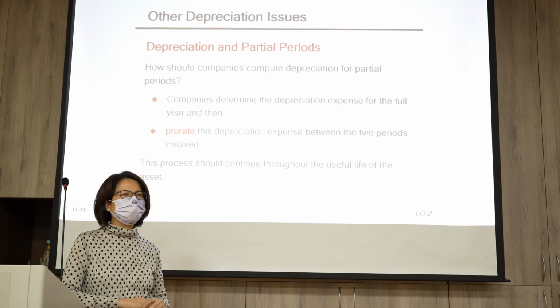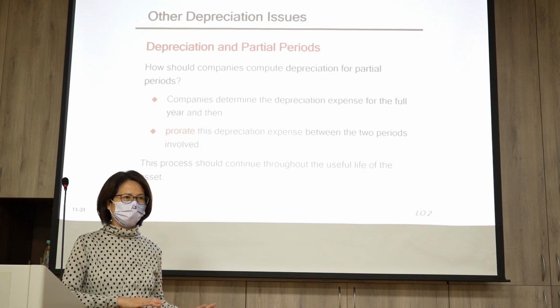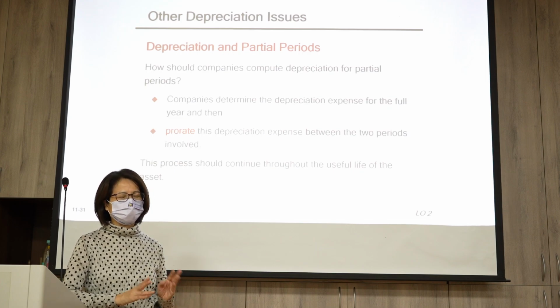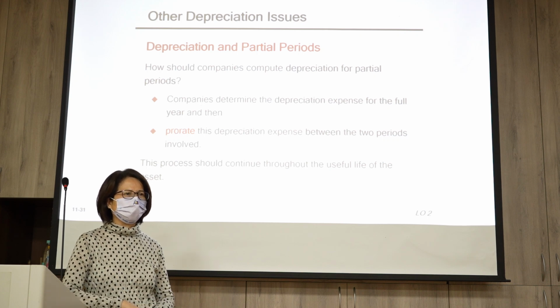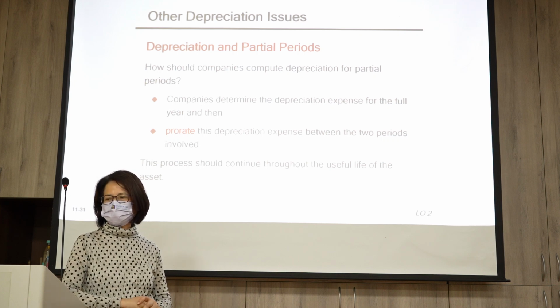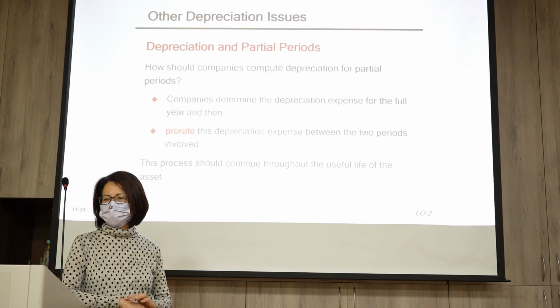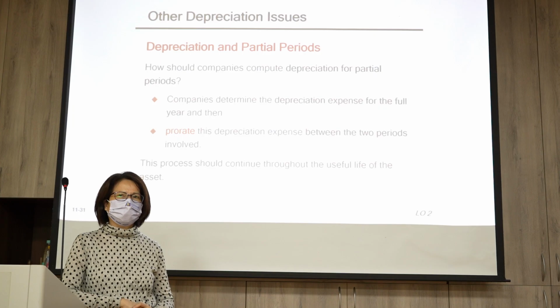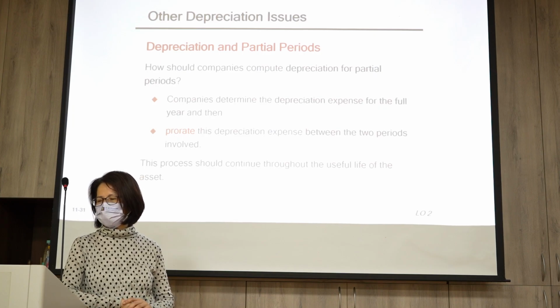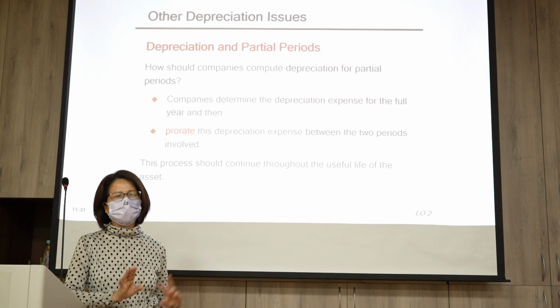Most of the time, PPEs won't be purchased at the beginning of the period. They can be purchased any time in the period, right? So in this case, we can do depreciation for partial periods. Okay, so we prorate the depreciation expense between the periods.